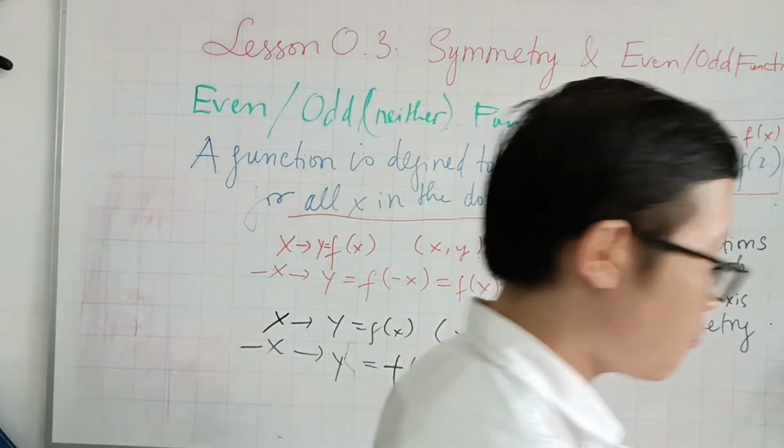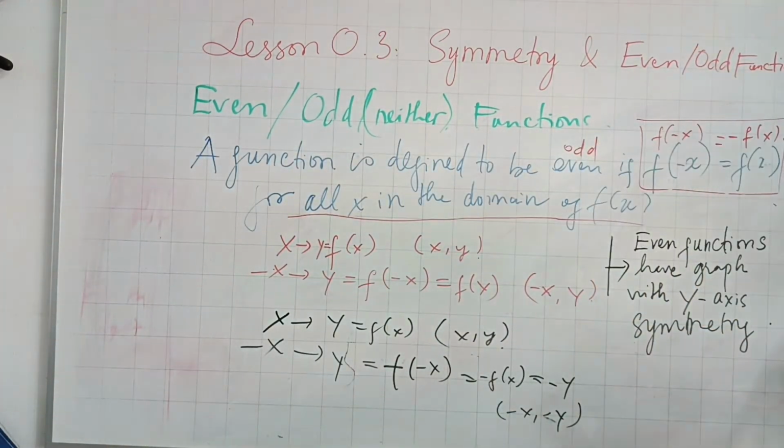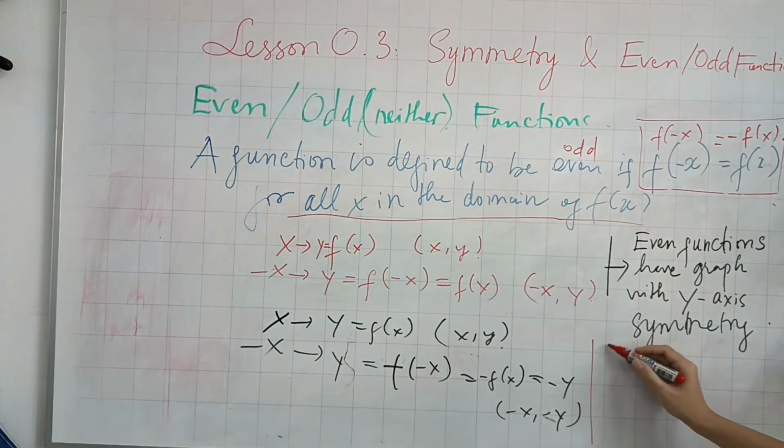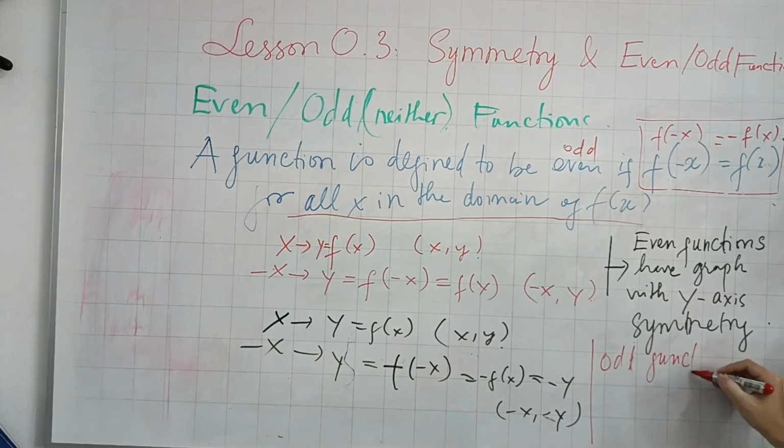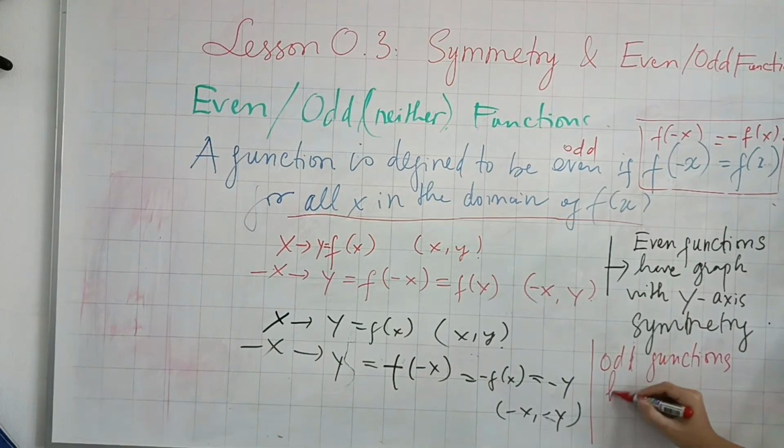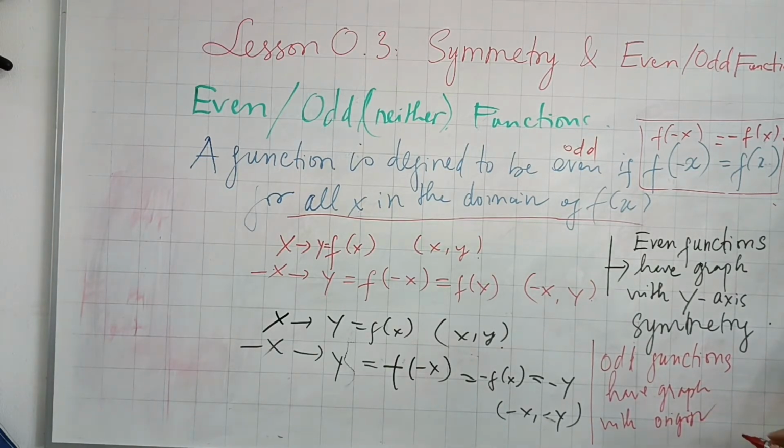And as we learned in the first part, we can conclude that an odd function has a graph with origin symmetry.